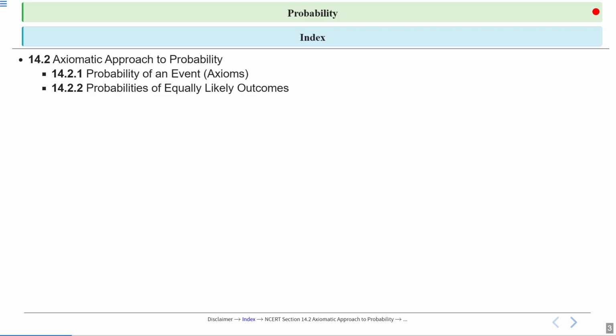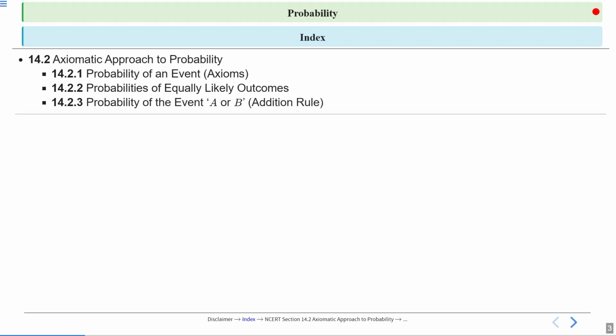And then we will discuss probabilities of equally likely outcomes. And lastly, we will discuss probability of the event A or B, that is also called A union B. So probability of A union B, and this rule is called the addition rule. We will discuss it at the end of this lecture.